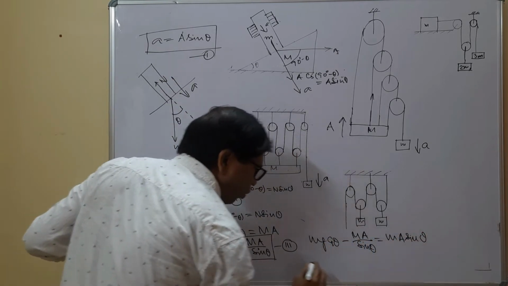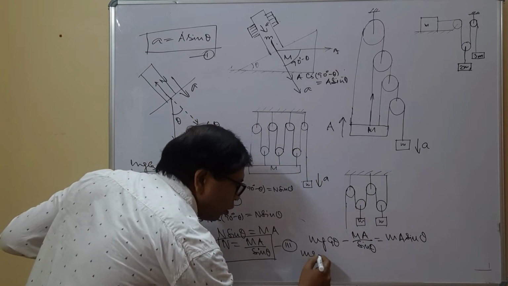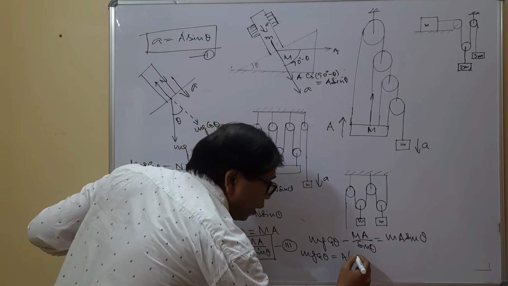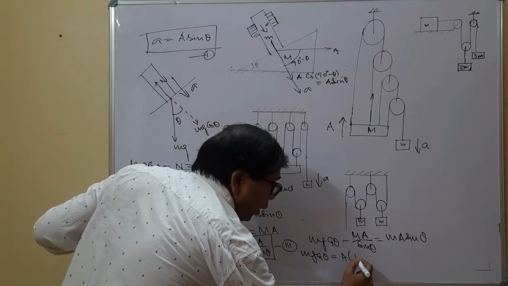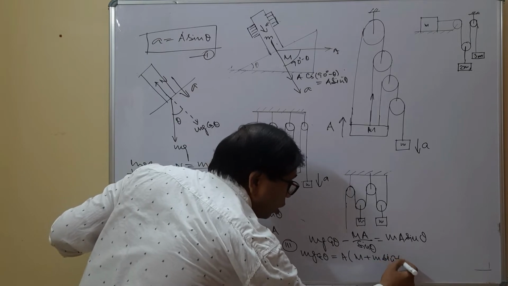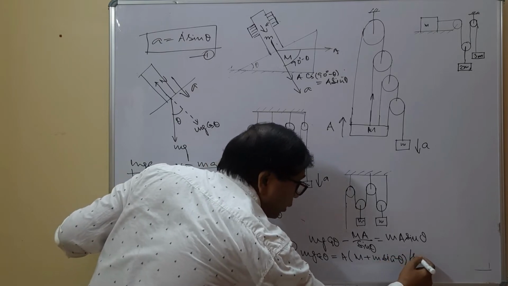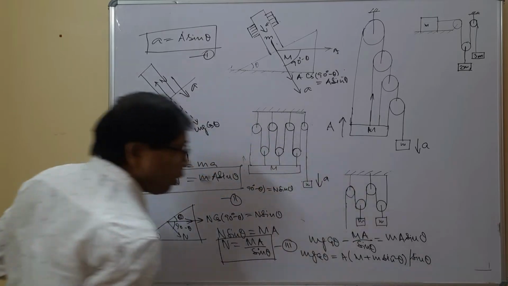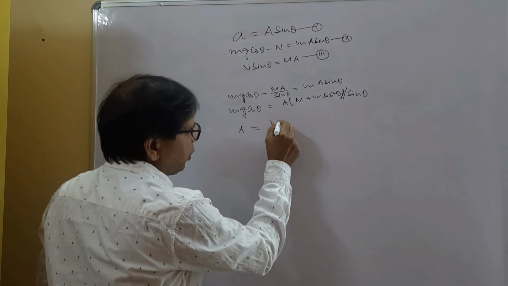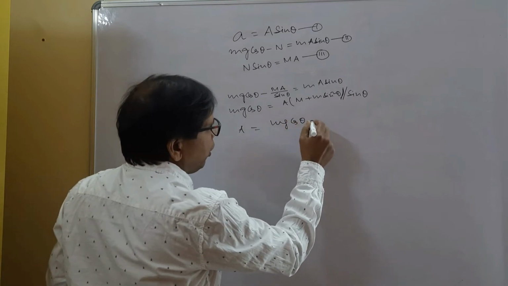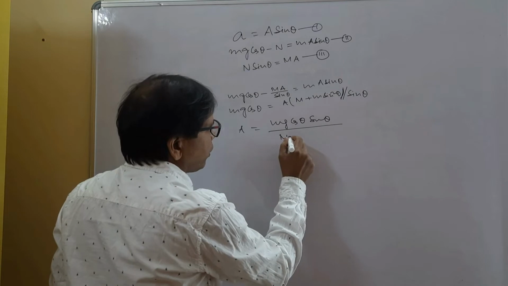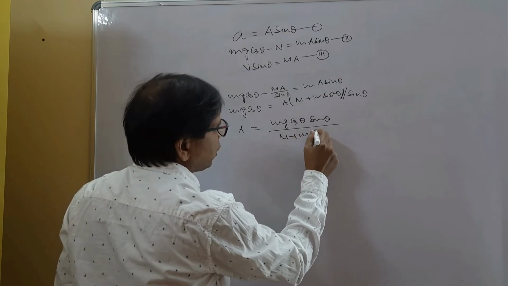Now mg cos theta equals A times (M plus small m sin square theta) divided by sin theta. So A becomes mg cos theta sin theta divided by (M plus small m sin square theta).